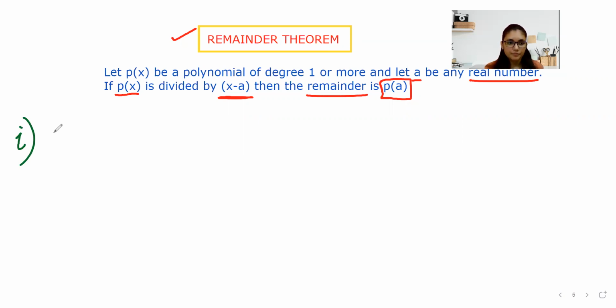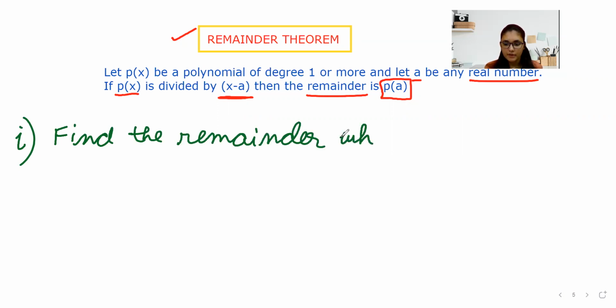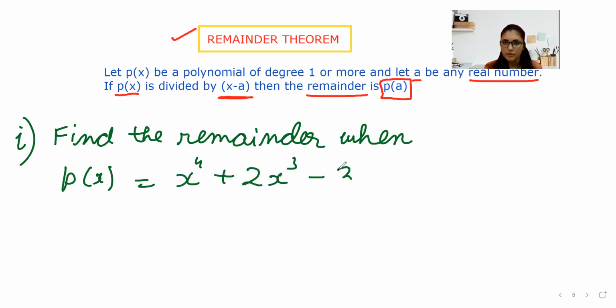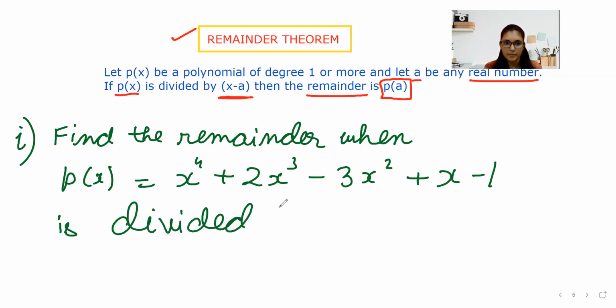The question is: find the remainder when the polynomial p(x), which I will write here, p(x) is x to the power 4 plus 2x cubed minus 3x squared plus x minus 1, is divided by g(x), another polynomial, which equals x minus 2.